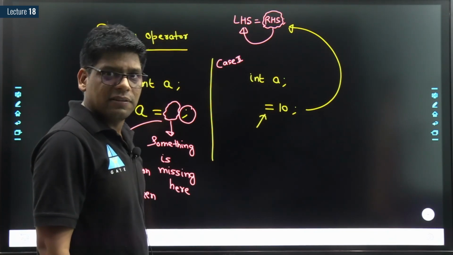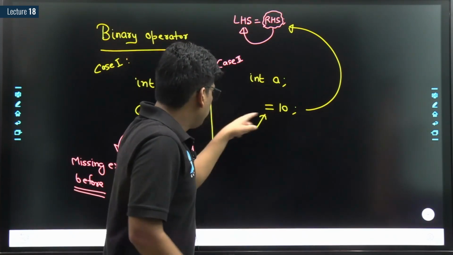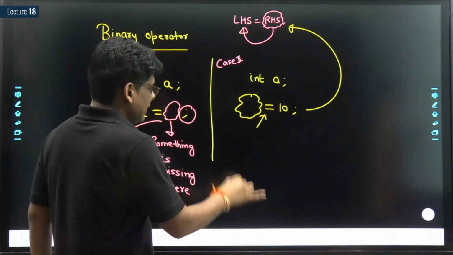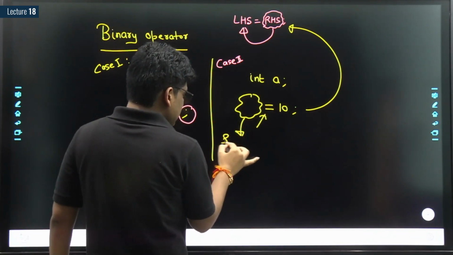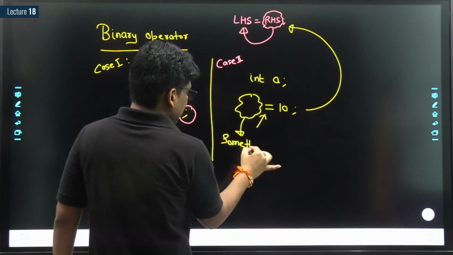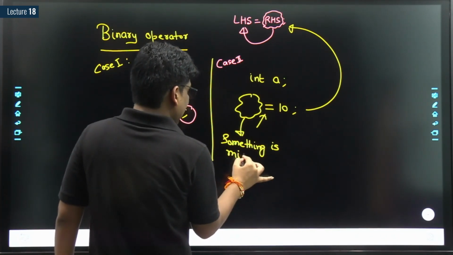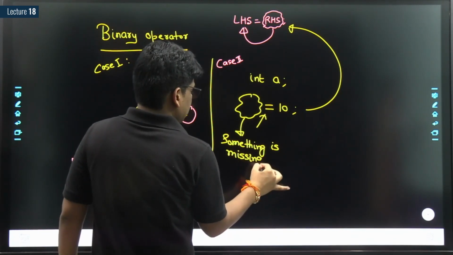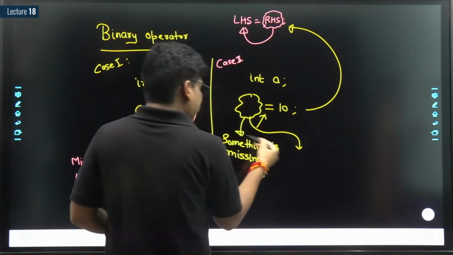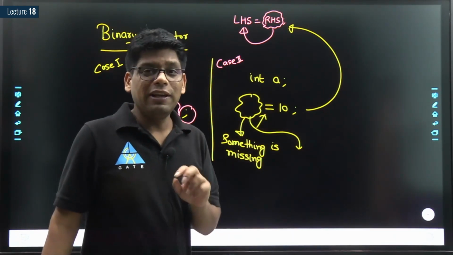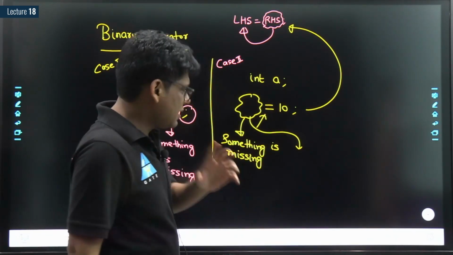The compiler says, where is the LHS? That means something is missing. Am I right? And the compiler will generate the same kind of error. Something is missing. Please try to understand.